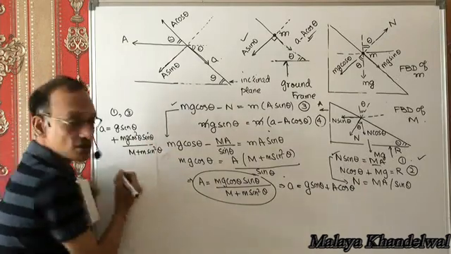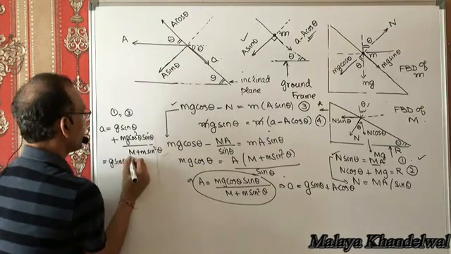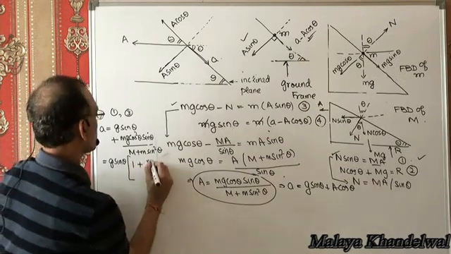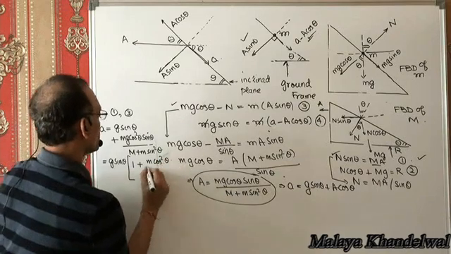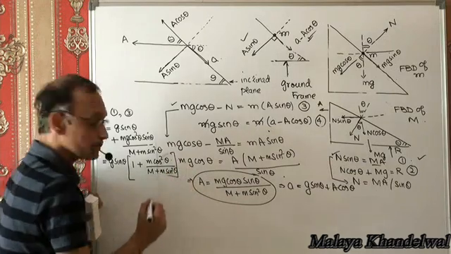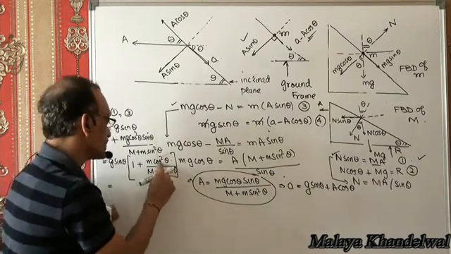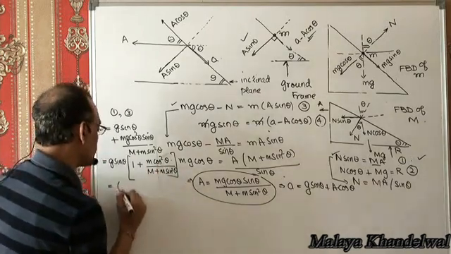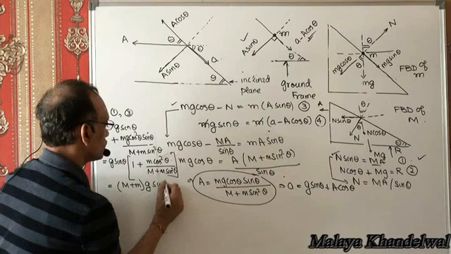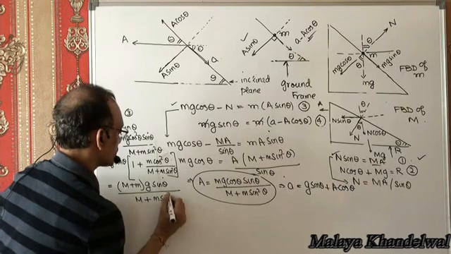Then I end up getting 1 plus m cos square theta divided by capital M plus small m sin square theta. If I add small m sin square theta plus small m cos square theta, that will give me m. So capital M plus small m in the numerator: capital M plus small m into g into sin theta divided by capital M plus small m sin square theta.